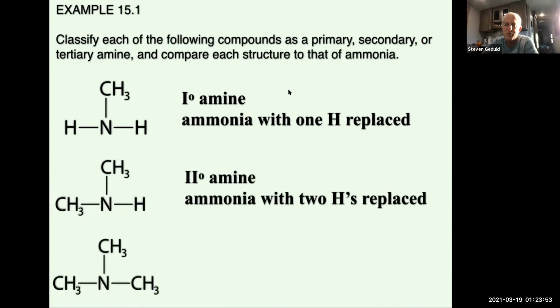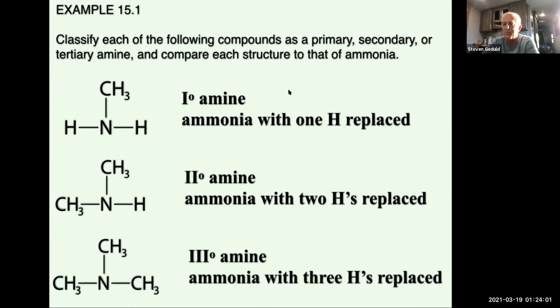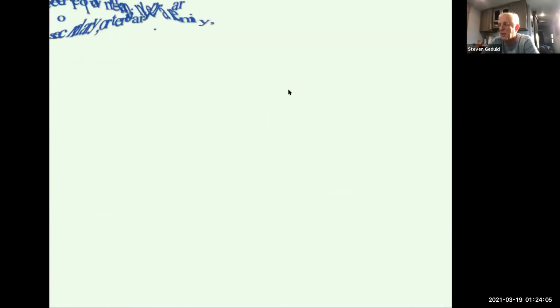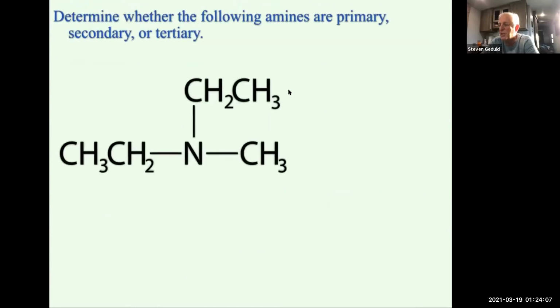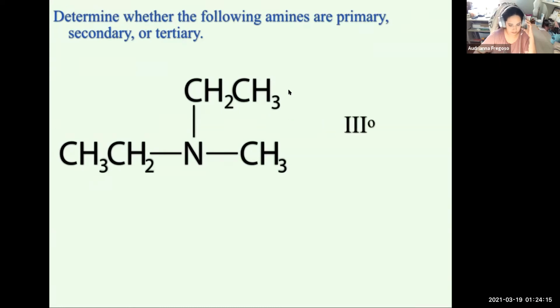And you can probably get this one too. Tertiary, yeah, you got it. So it's pretty straightforward. Primary, secondary, tertiary amines. This one here is which one? Tertiary amine. Perfect. You guys got this down pat.